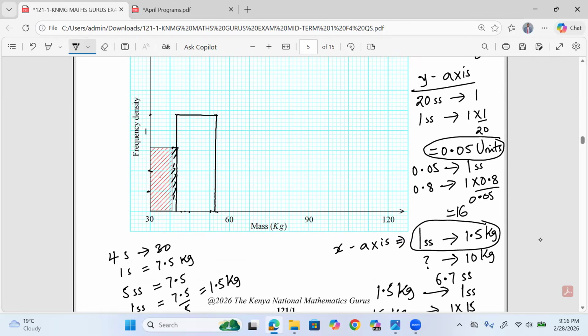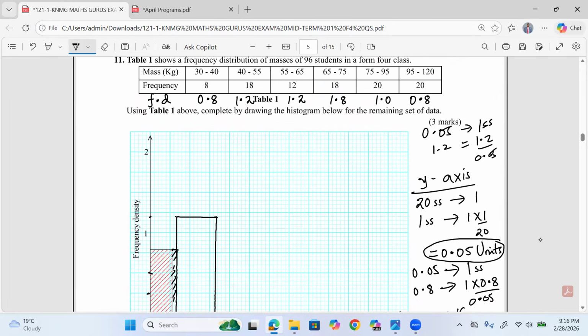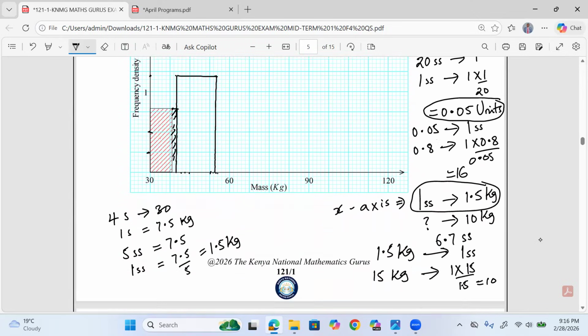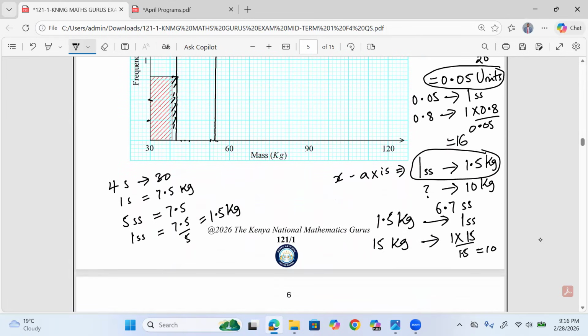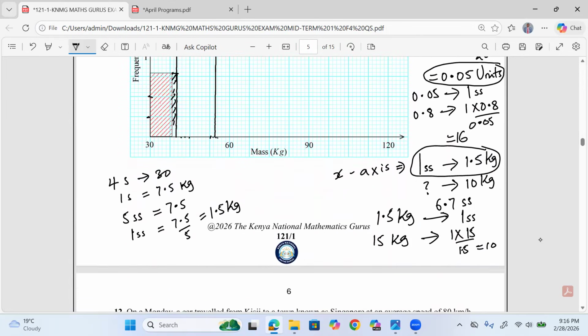It's now done. We move to the next. The next class is moving all the way from 55 to 65. That is 10 divisions. And upwards, it's the same. So 10 divisions will be represented by, like in the first class, 6 point something units.